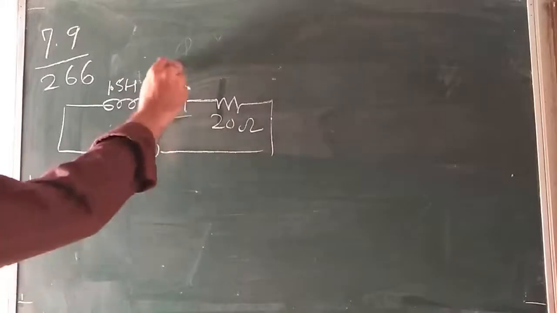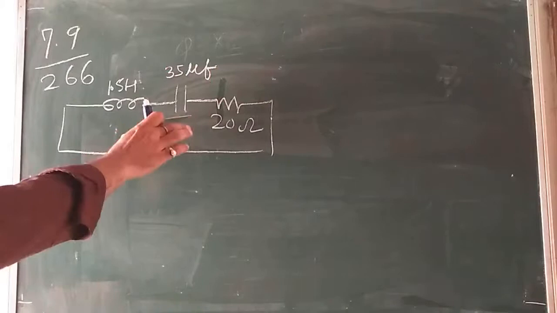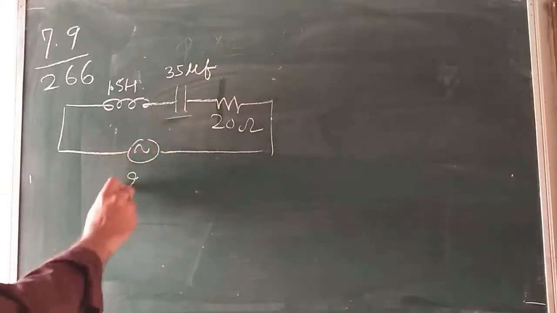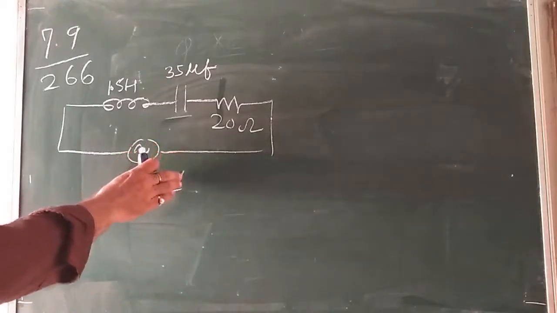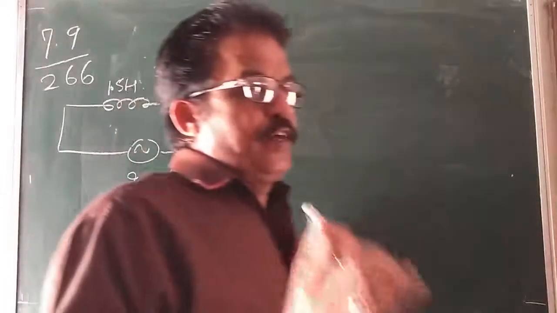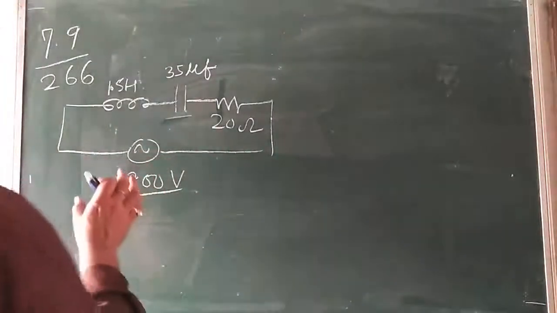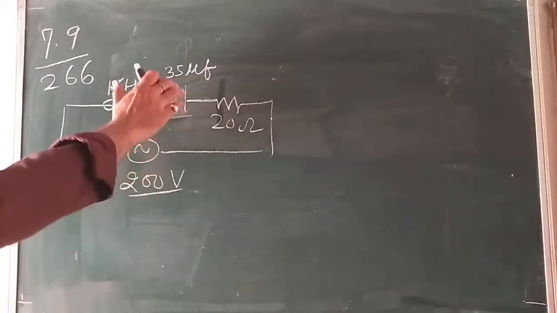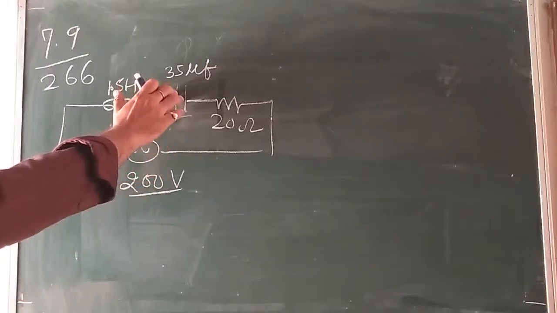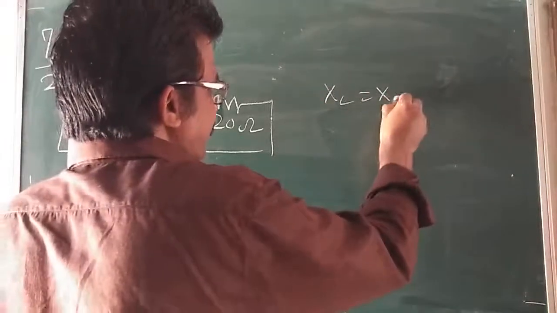And the value of capacitance is 35 microfarad, connected to a variable frequency 200 volt AC supply. When the frequency of the supply equals the natural frequency of the circuit, at natural frequency we know that XL is equal to XC.